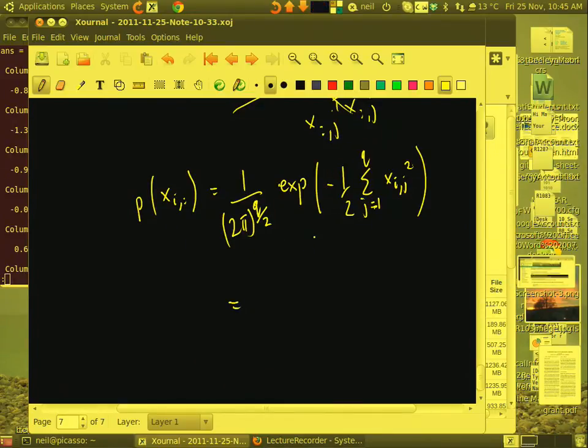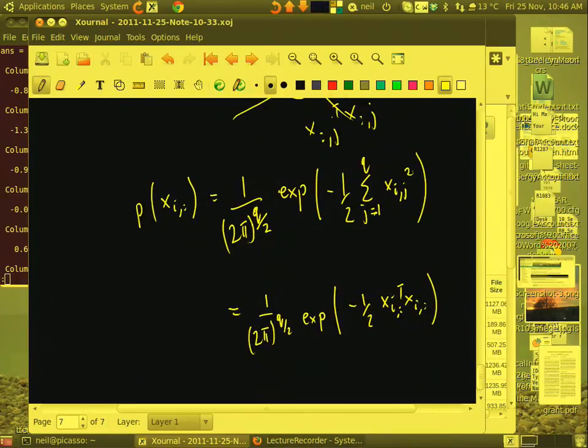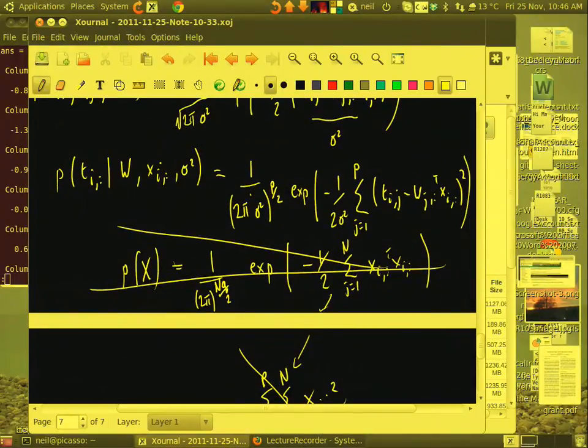Which then can be rewritten as that. And this is independent across n. So there's another product over n, but we haven't included it. The reason we haven't included it is because there's also a product over n on this guy.